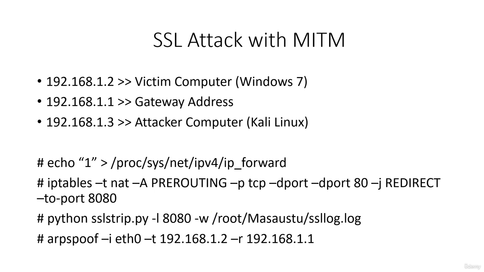Then the attacker should start arpspoof, as you can see, this tool gets you the man-in-the-middle position, so it will get you all the traffic in this man-in-the-middle connection. At that point, the SSL strip tool is sniffing the connection between the computer and the web server.